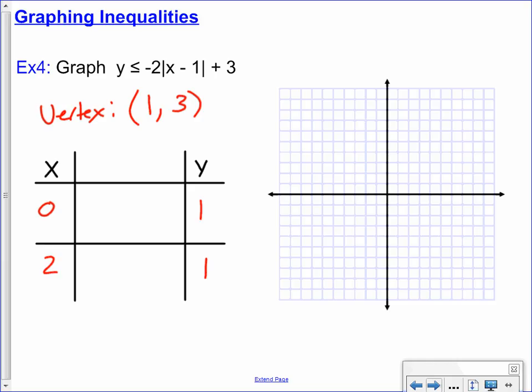And 2 and 1, because it should be the same thing. So that's 1, 2, 3. Two more things. Solid, and shade below or down. So the points are 1, 3, 0, 1, and then 2, 1.